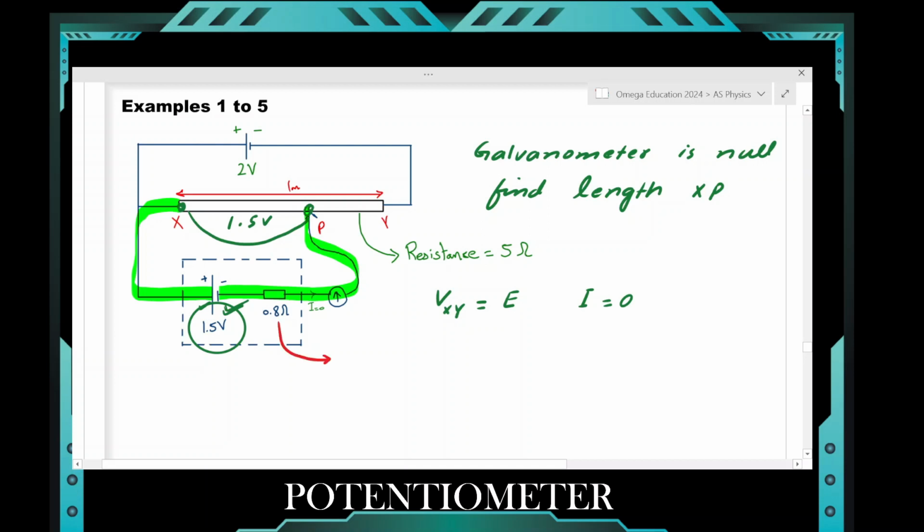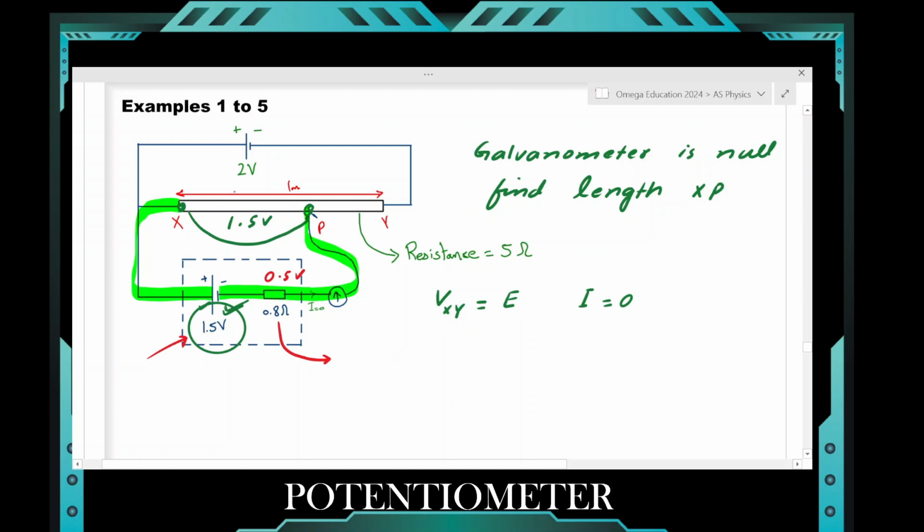And matter of fact, there would be no voltage drop over here. Because you might be wondering that out of 1.5 volts of the battery, why do we not have the voltage drop in the internal resistance? So let's say the voltage drop in the internal resistance is 0.5 volts.